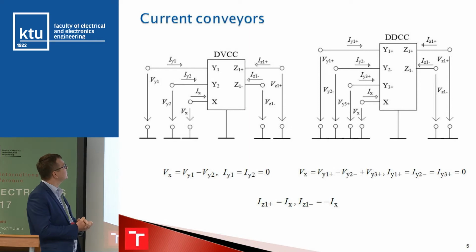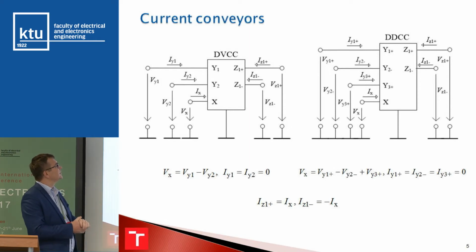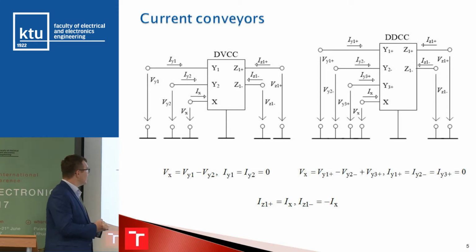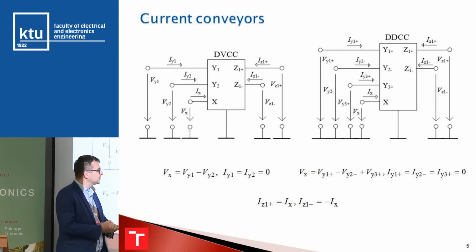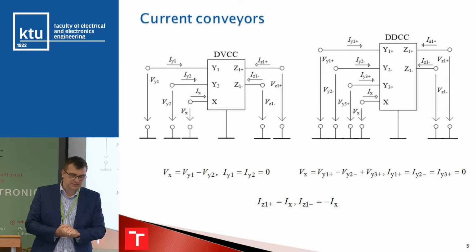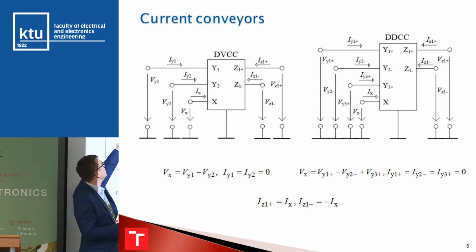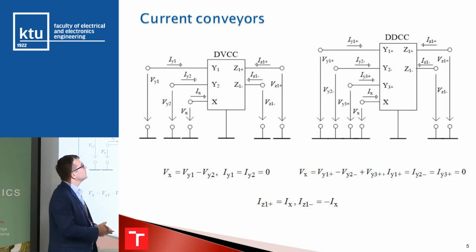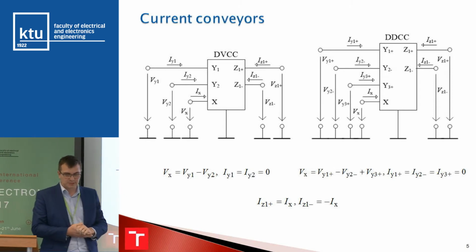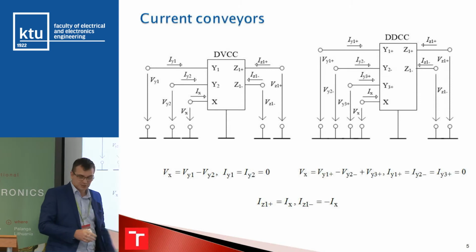One is the differential voltage current conveyor, and the second one is the differential difference current conveyor. Those who know are very familiar with these equations. For those who don't, the point is that there are unity transfers of voltages and currents between individual terminals, as shown here.